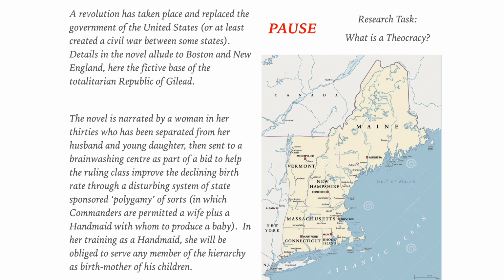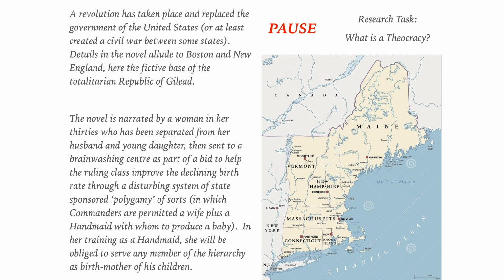Think about the stem theo from theology, belief in a faith or religious system, and you get to theocracy. In this fiction, a revolution's taken place, a civil war of sorts, and it's replaced the government of the US, or at least created a civil war where elements of the US must be elsewhere in other states.